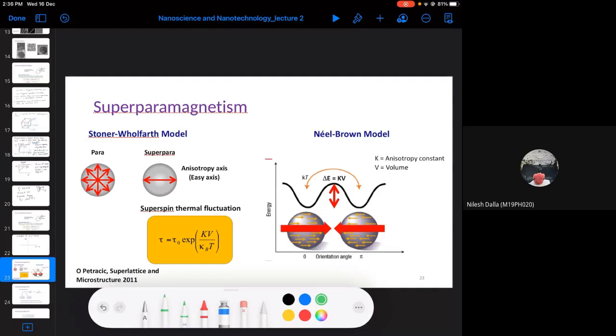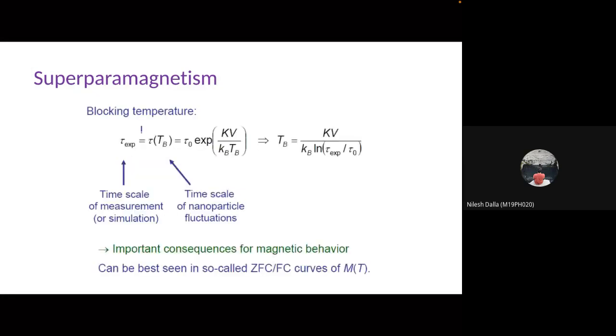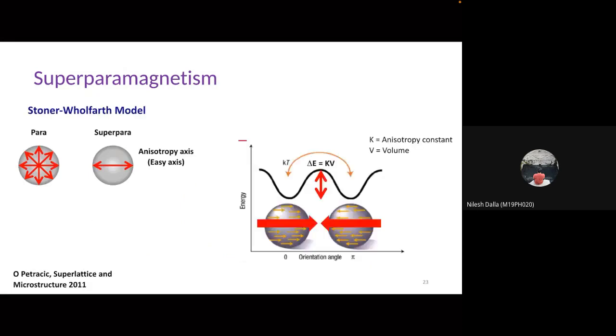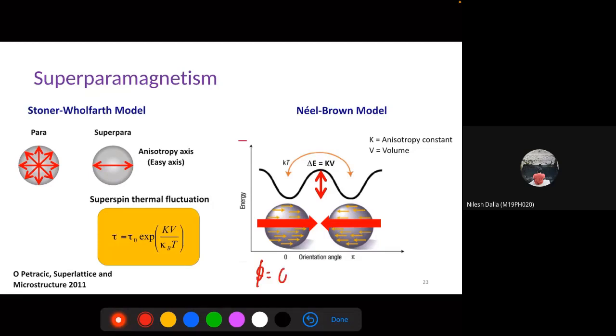Let's say in the beginning they are in the theta equal to phi equal to 0 position, and then at a certain time, due to the thermal energy, they all flip and go to phi equal to pi. That is normally known as the Neel model.